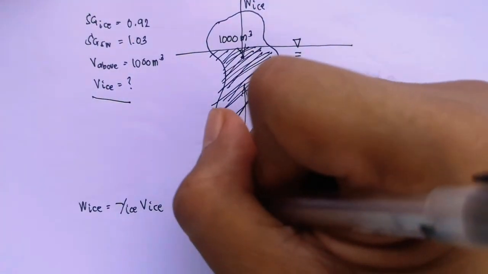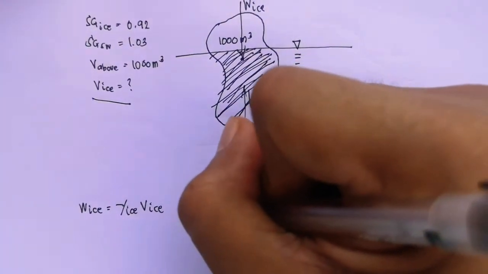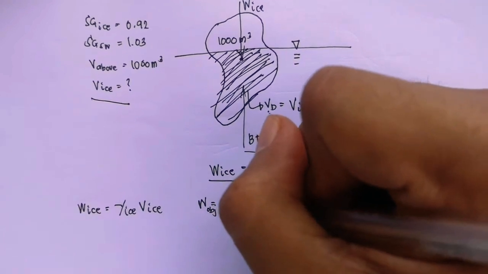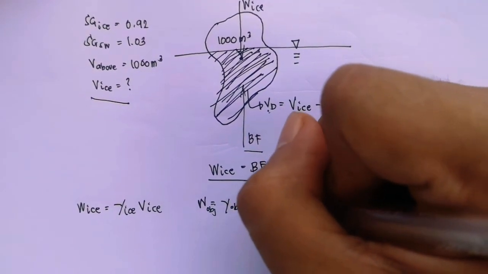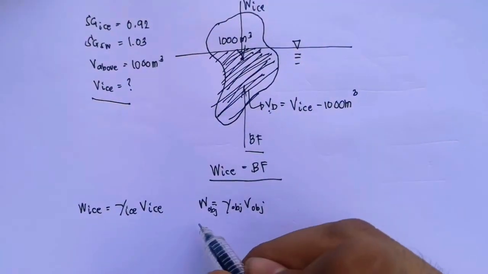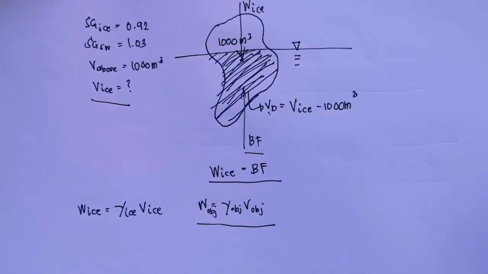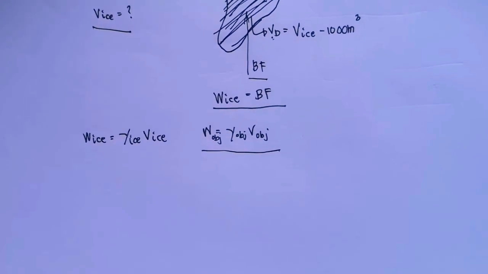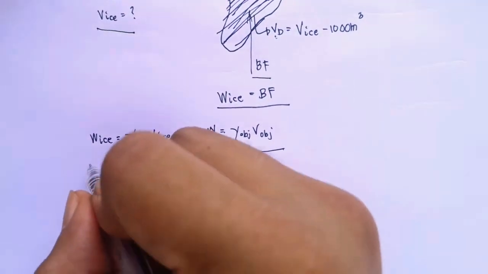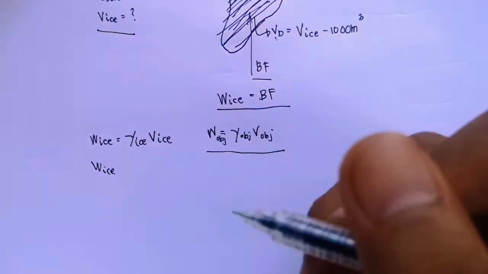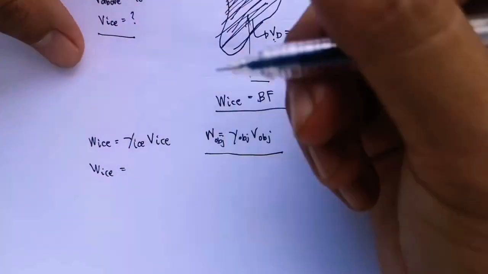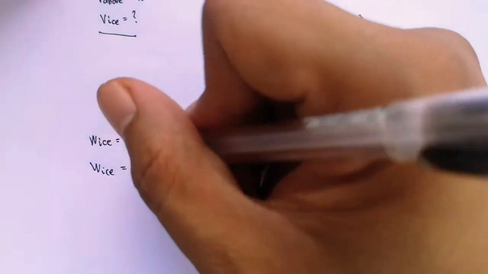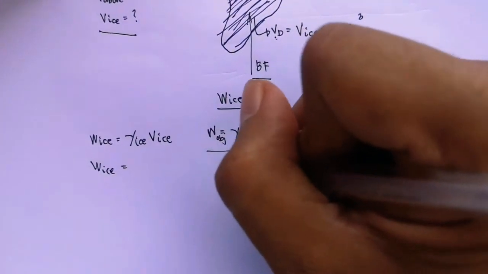So the weight of the object is specific weight of the object times the volume of that object. Okay, so it is review lang from the properties of liquid. Then para makuha natin yung weight ng ice natin, ano ba yung specific weight natin?